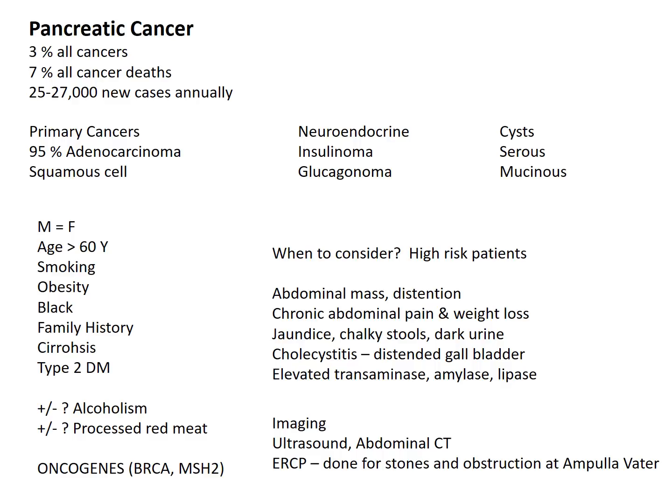When do we consider pancreatic cancer? Individuals who fall into these high risks, who have chronic abdominal pain, individuals who have palpable abdominal masses or distension, chronic pain with weight loss, individuals with unexplained jaundice, individuals who have acute cholecystitis or chronic inflammation of the gallbladder.